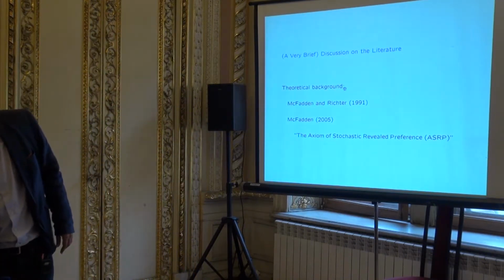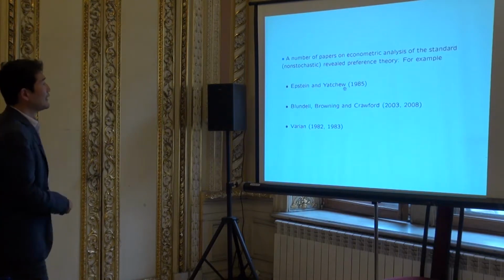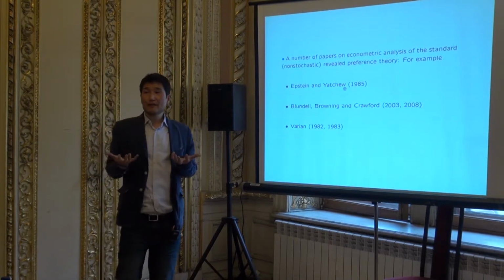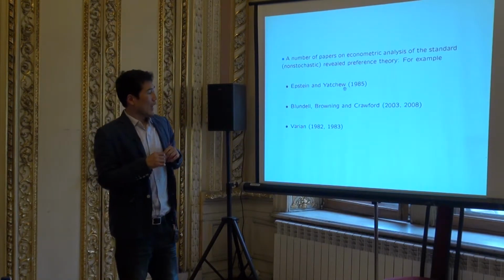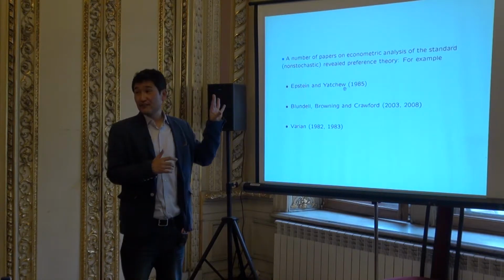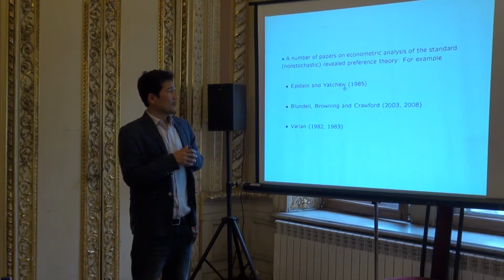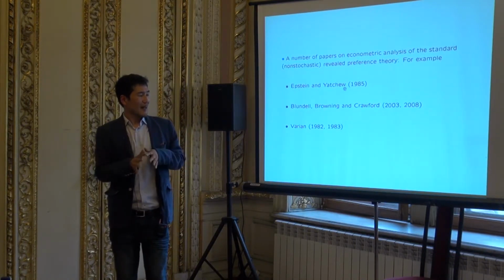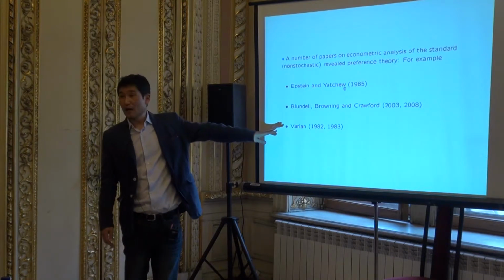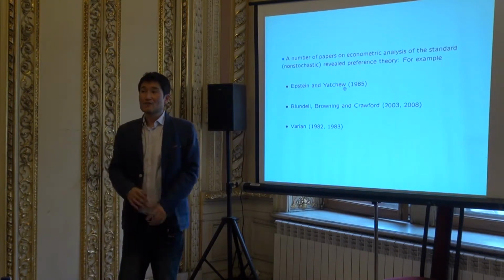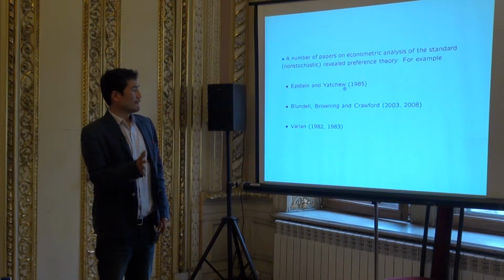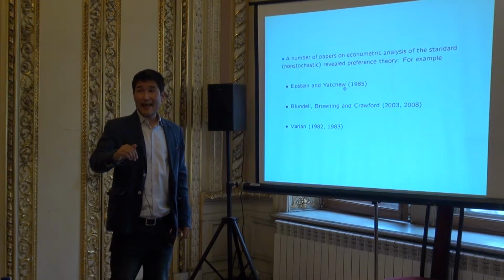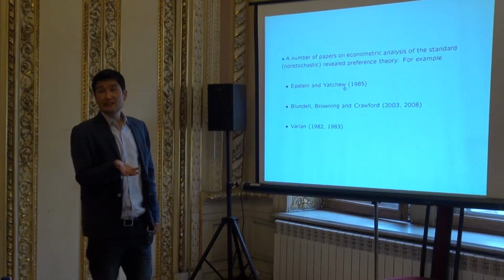Okay, so in terms of econometrics, of course there's a big literature on doing revealed preference analysis using econometrics. And probably an early classic example is this series of papers by Varian. He wrote back then about how to take the theory of standard revealed preference to data.